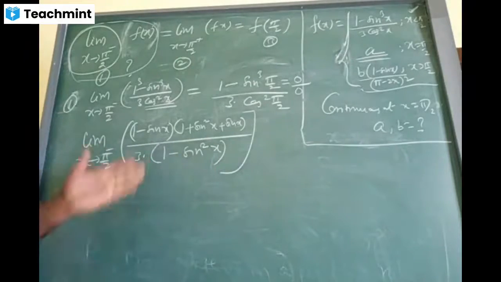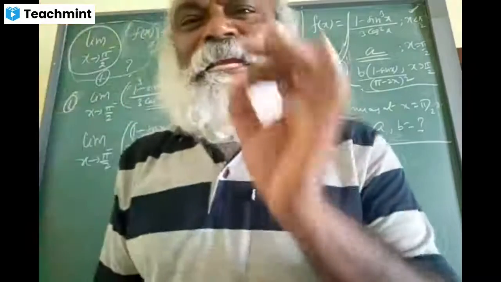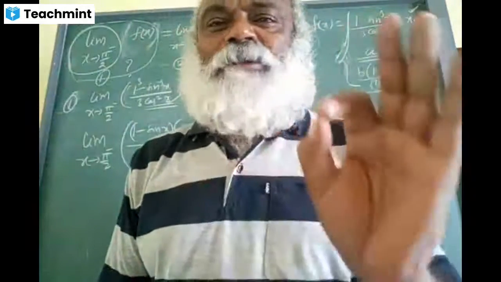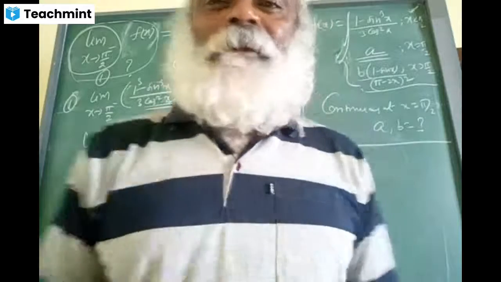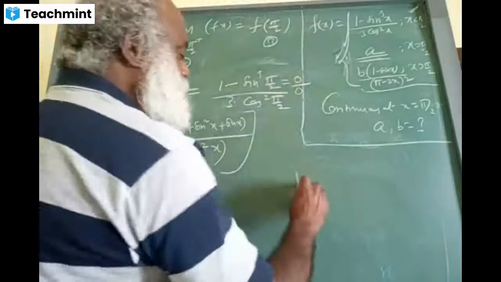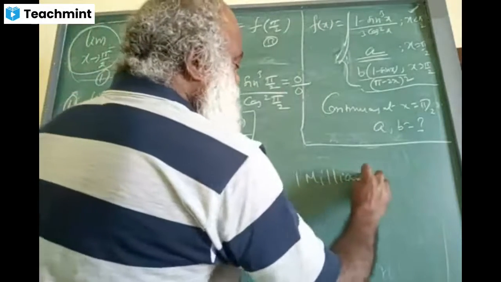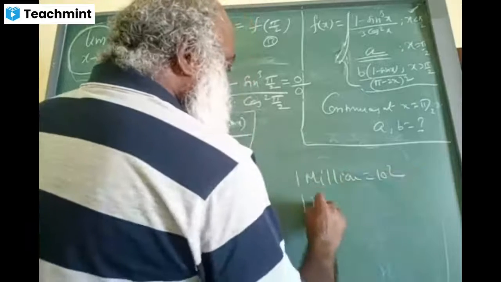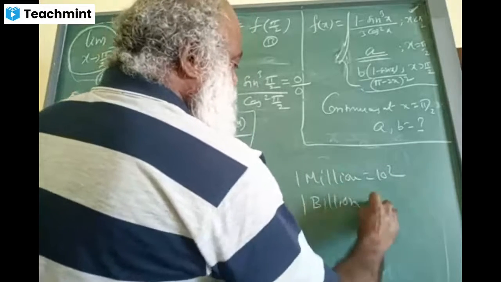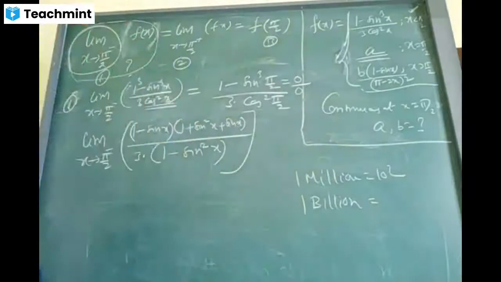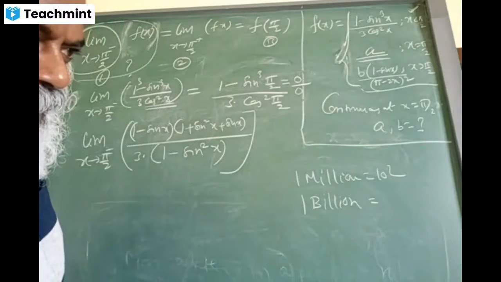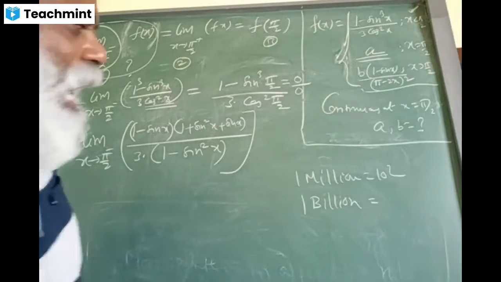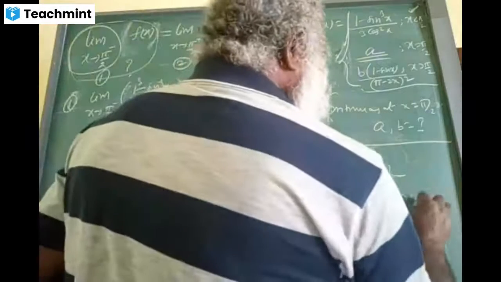We would have told this some million times, my dears. In my lifetime, I would have told it a million times. 1 million means what, dears? 10 lakhs. 1 billion, what is that, Mr. Hari? Billion means 100 lakhs, which is 100 crores.